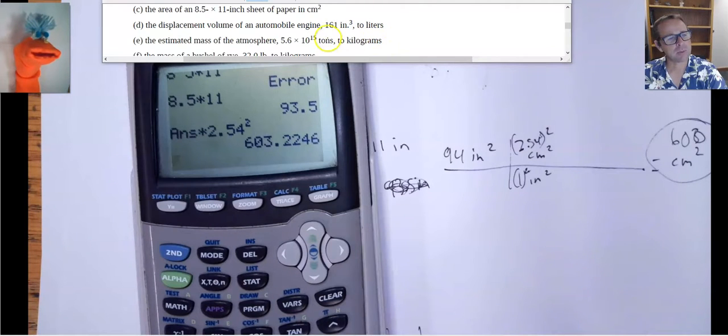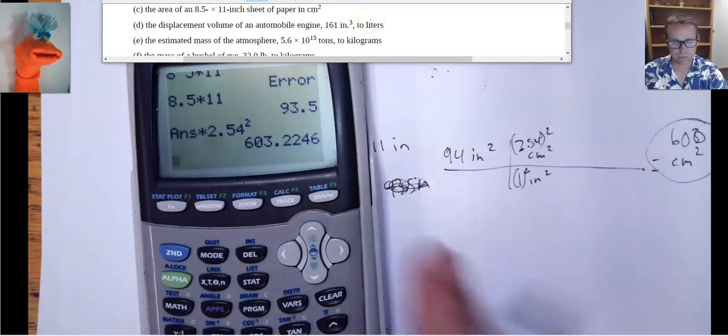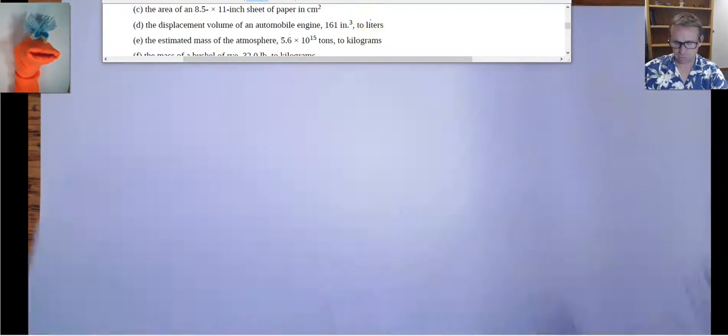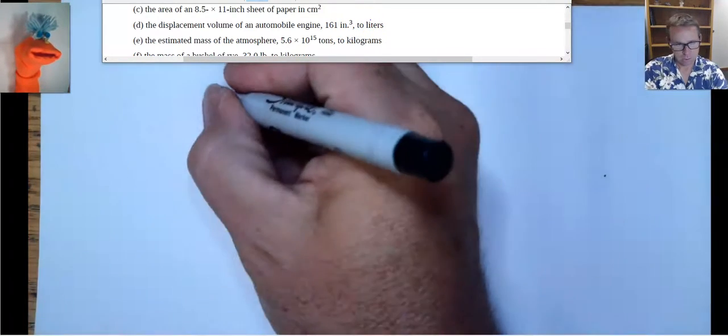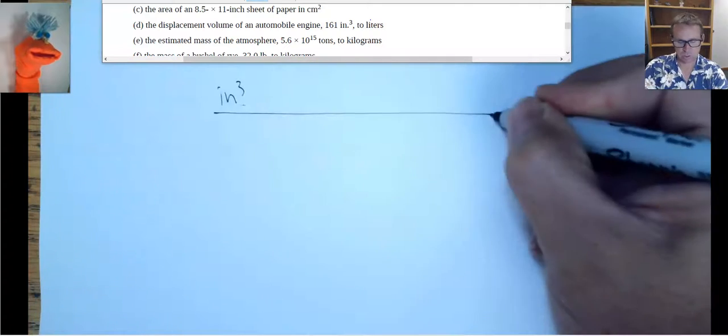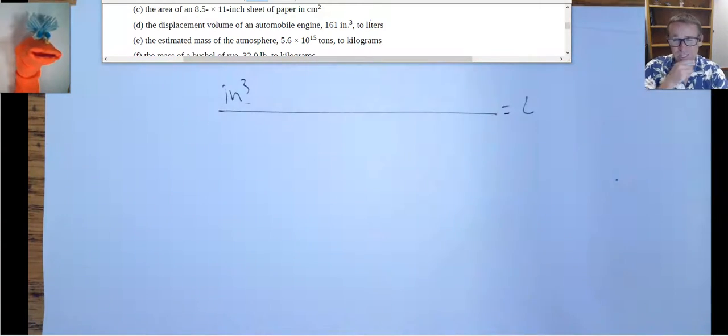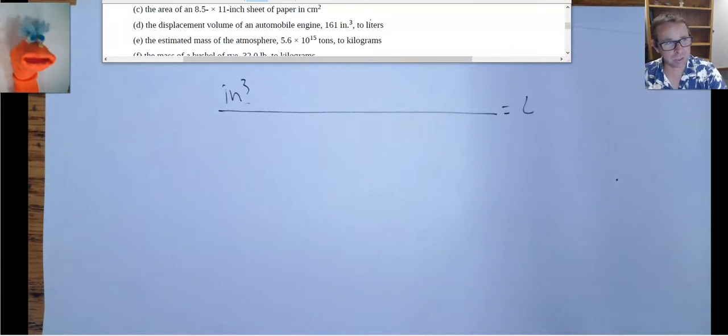The displacement of the volume of an automobile engine, 161 inches cubed to liters. Inches cubed to liters. All right. Do you know inches cubed to liters? No, we got to use the centimeters to inches again.